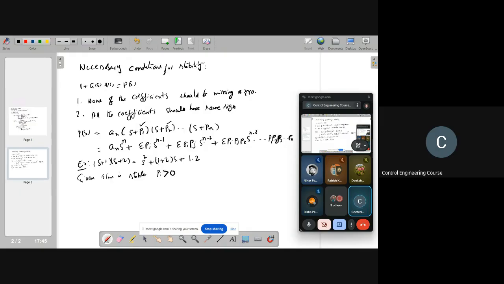Is it right? That means if Pi is greater than 0, then s plus Pi equal to 0 means s is equal to minus Pi, that is on the left half of the s plane.